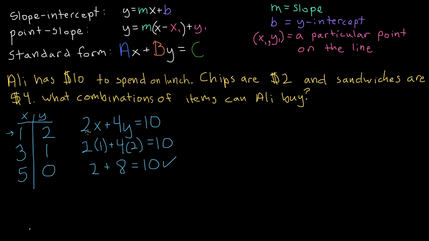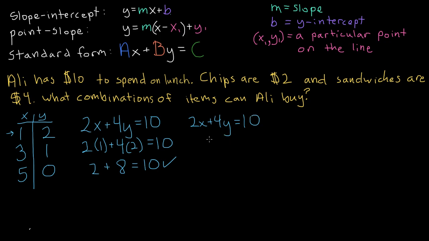Now, it might not be immediately apparent how you would graph something in this form, 2x + 4y = 10. But just like how we converted slope-intercept to point-slope form and vice versa, we can do the same thing here. And so if we take the equation again, 2x + 4y = 10.